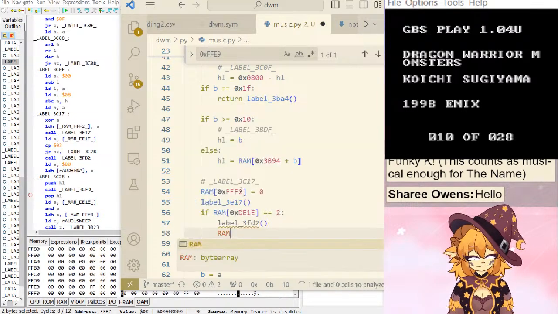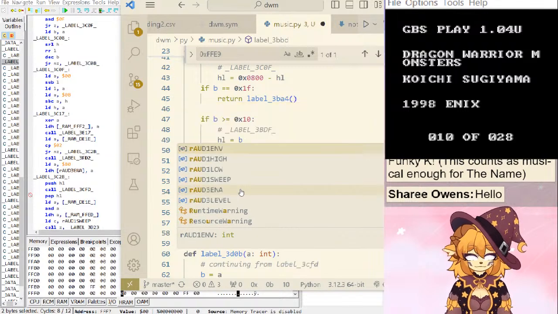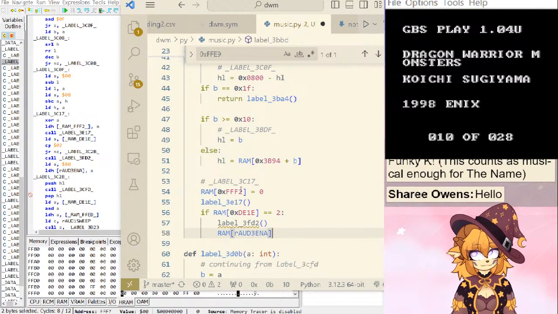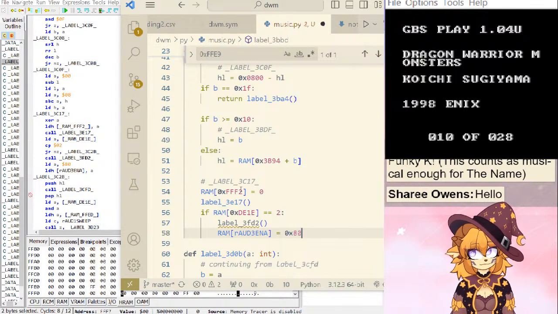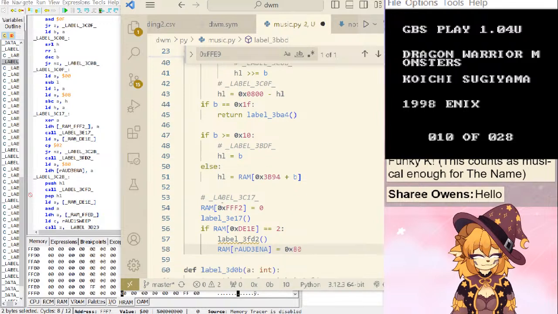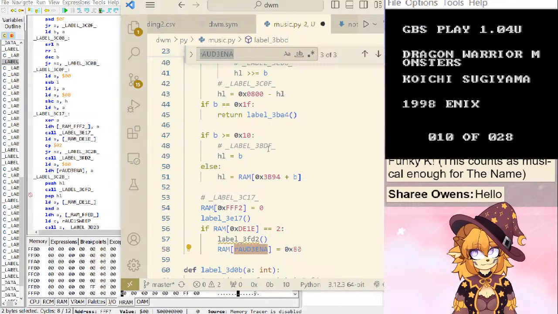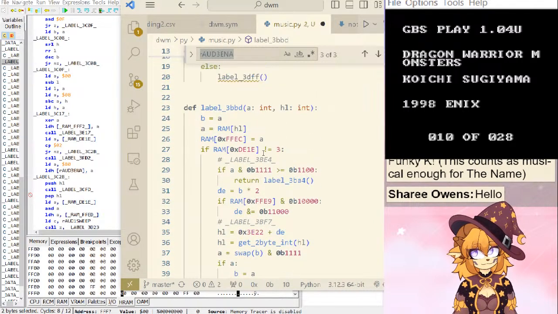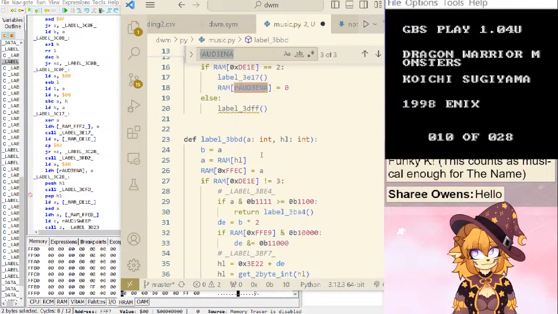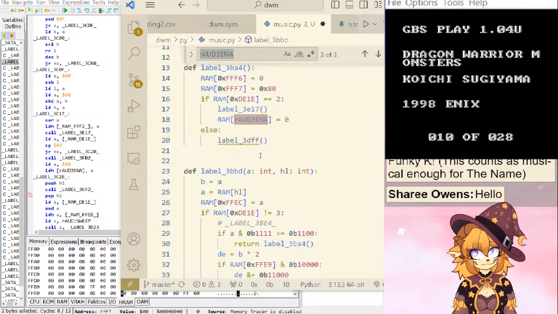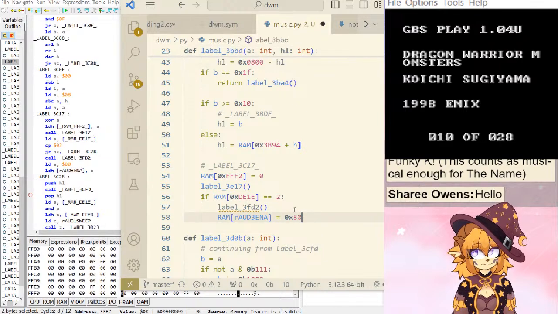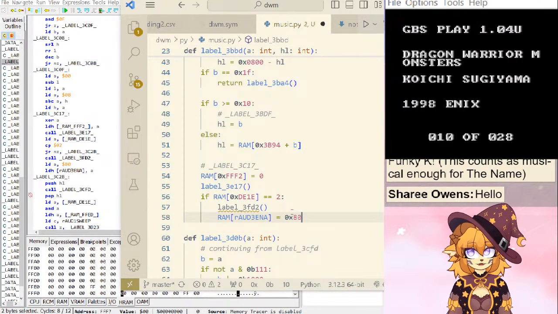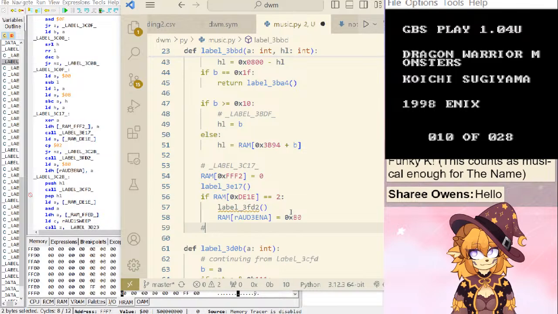Say R odd 3 in equals 80. Oh, I feel like I've done that. Oh, right. I'm thinking of 80, but whatever. Doesn't matter.